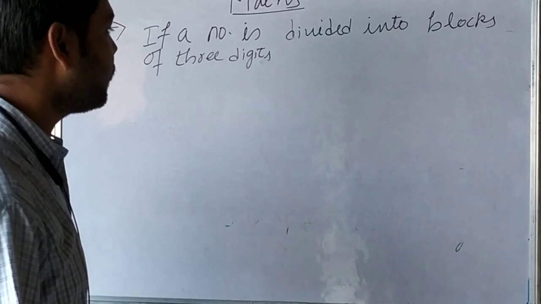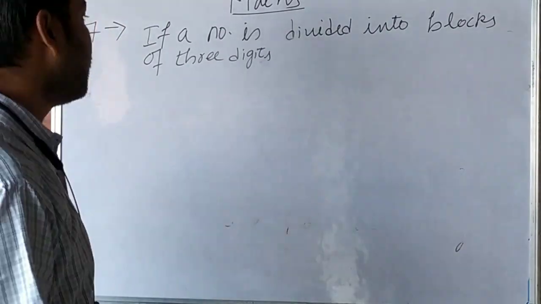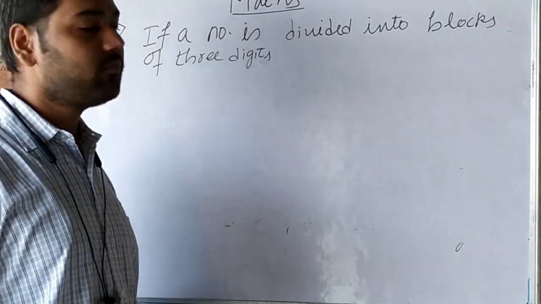If a number is divided into blocks of 3 digits, then we will sum the blocks of digits and then take the difference.